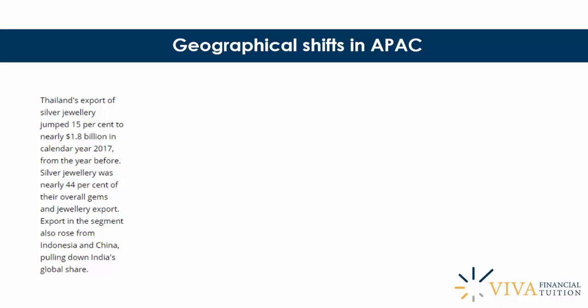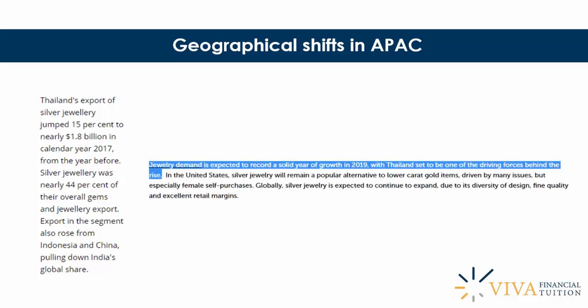Export in the segment also rose from Indonesia and China, pulling down India's global share. Interestingly as well, jewellery demand is expected to record a solid year of growth in 2019, with Thailand set to be one of the driving forces behind that rise. So Thailand is increasingly becoming a major player in terms of growth and indeed overall market share in the Asia-Pacific region.